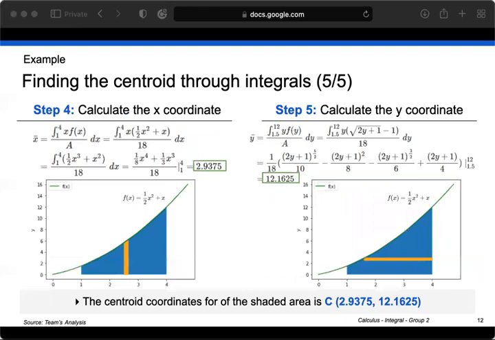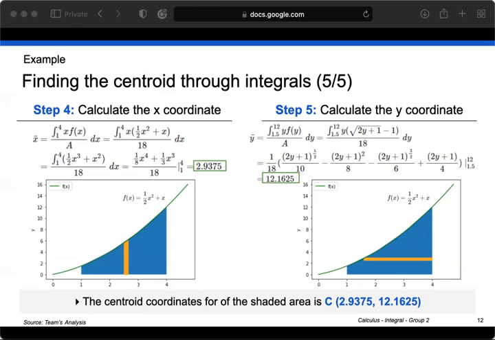With all of the preparation done, we can proceed to evaluate the centroid's coordinates. For the x coordinate, the integral that we need to evaluate is the first area moment integral. Remember that when evaluating the x coordinate, the range for the variable x is from 1 to 4. Once we evaluate it, the result is around 2.9.